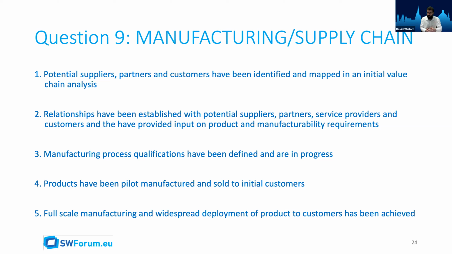And from a software point of view, this might be, for example, what about dependent libraries that your software tool, your tool or product actually requires? How are they being maintained? Are they open source and you're going to have to onboard those, or are they a commercial outcome that you need to then understand what the licensing arrangement is so that you can then sell your product or service onwards?